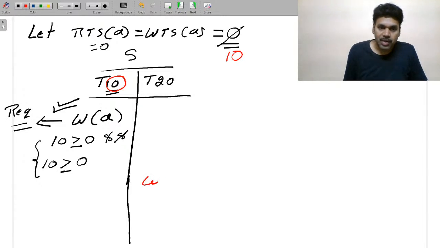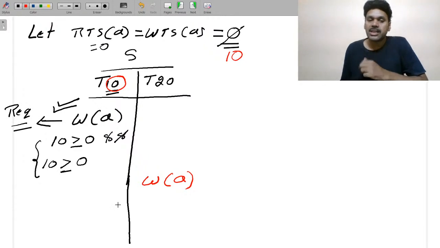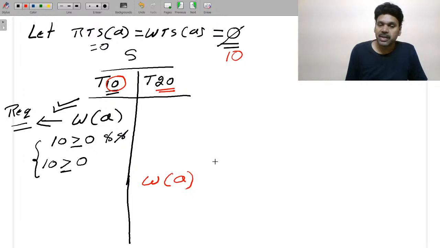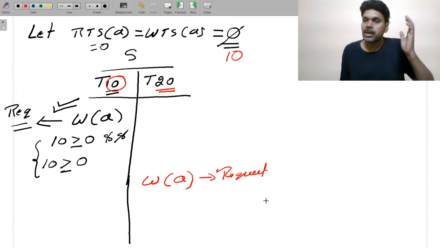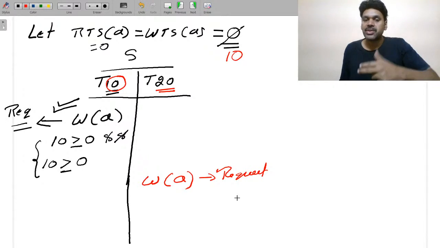Now, friends, once again, T20 is requested. Again, the same rule is applicable. The request comes to perform the write operation. Then the timestamp ordering protocol checks the validation. How?